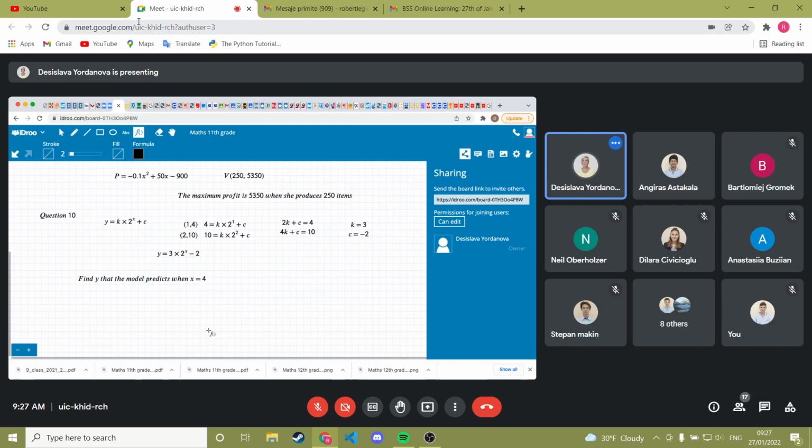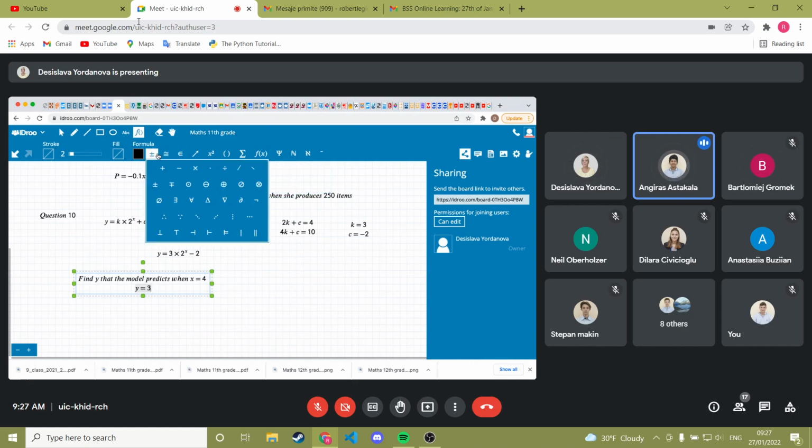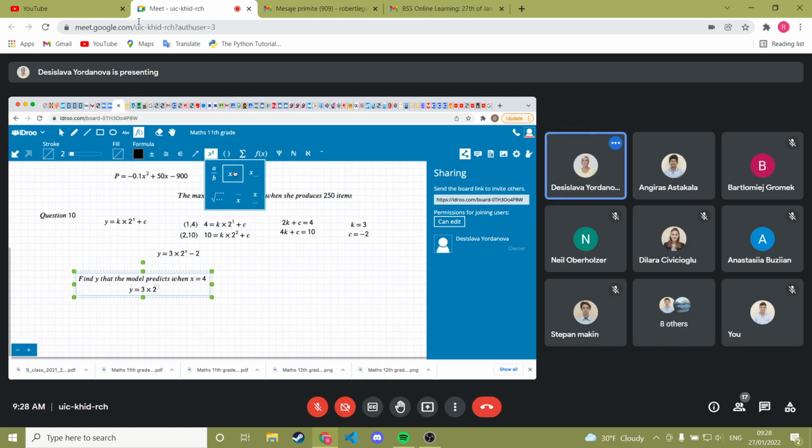How do we find it? We just substitute again. We just plug x in. So it's going to be 3 times 2 to the power of 4 minus 2. 16 times 3 is 48. 48 minus 2 is 46. So y equals 46.